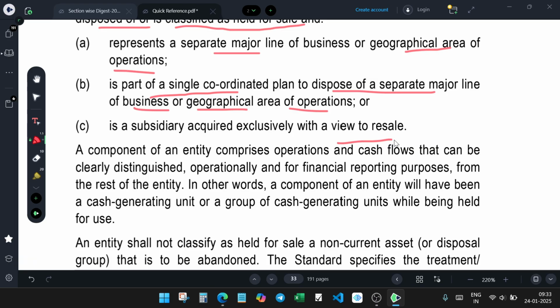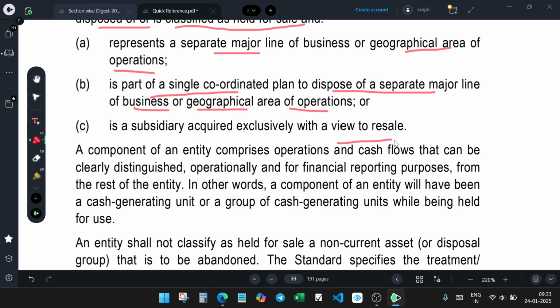What is this? For example, I have a business in Canada and I'm going to completely sell it. I discontinue the operation. There is some land, vehicles, assets. I have no intention to pay customs duty to bring them into India and use them. I'd rather sell them. This is discontinued operation.